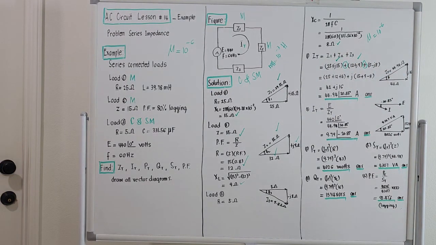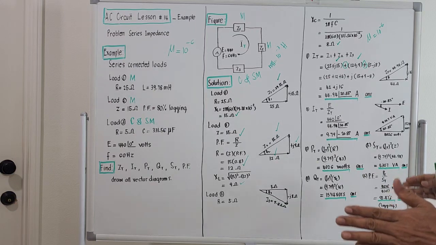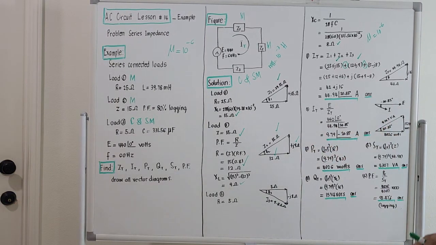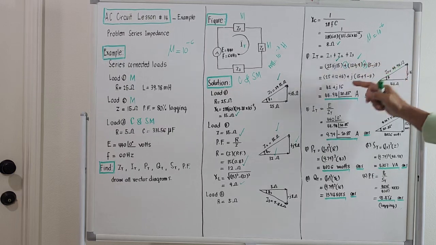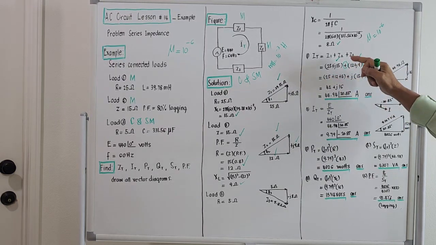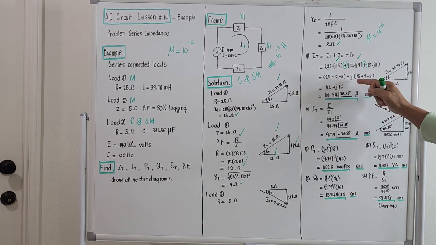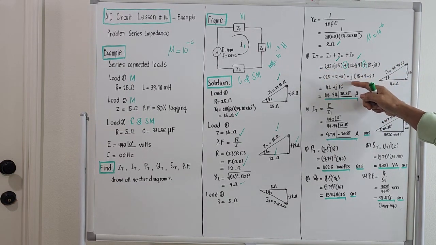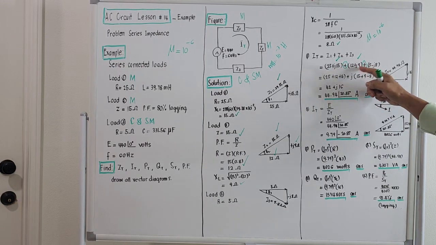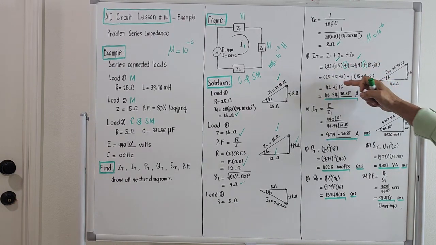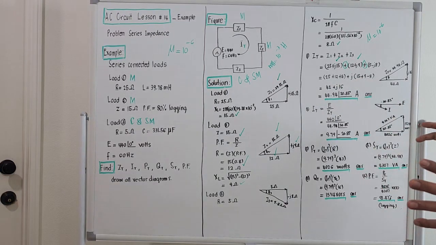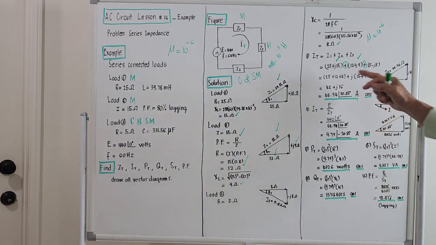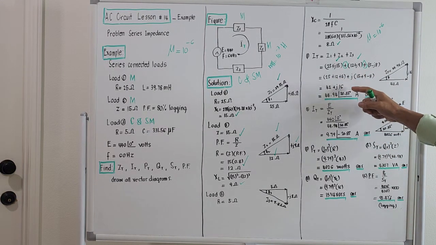So using our knowledge of algebra, combine similar terms. Real, real, real: 25 plus 12 plus 5, plus j times the imaginary part. We bring out the common factor j, so this should be 15, 9, and minus 8. Simplifying, this is 42 plus j16. The total impedance is not 42 and it is not 16.